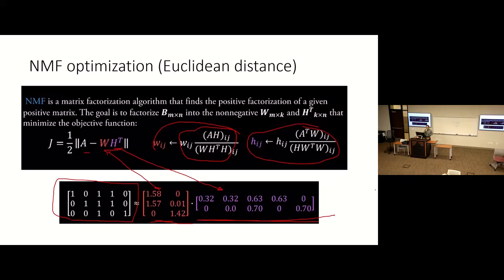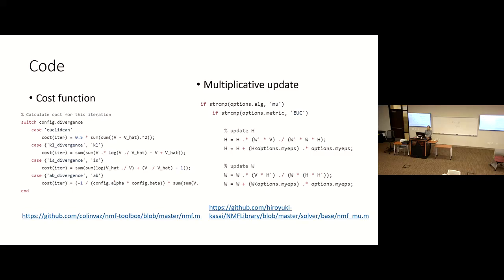Okay. So this matrix is 3 by 2, and this is 2 by 5. So at the end you get a product of 3 by 5. Any questions so far?